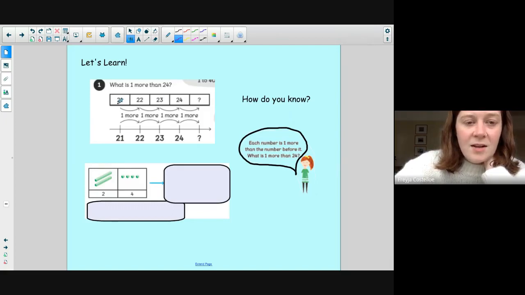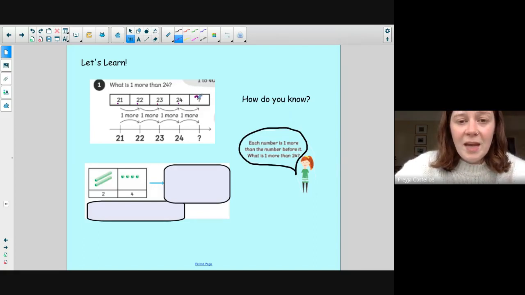Look, our tens are all staying the same, aren't they? 21, 22, 23, 24. So our next number is going to be 25. Okay. That's another jump on our number line. After 24 is the number 25.